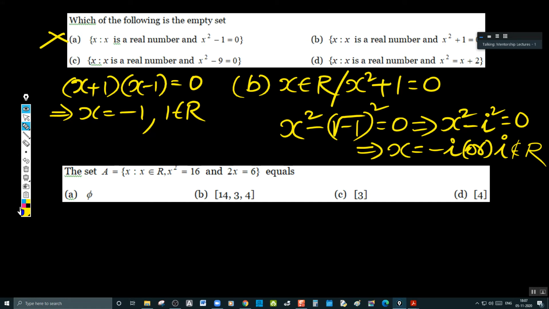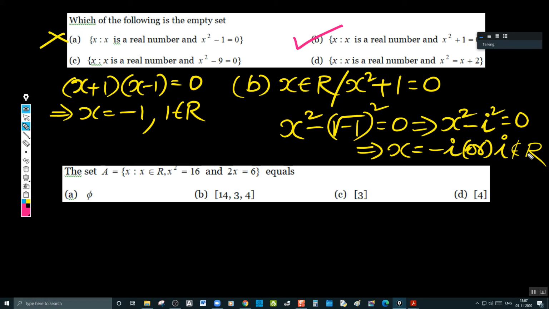So which option is correct in this one? Option B. And what about option C, sir? Plus or minus 3? Possible. Plus or minus of 3. 3 cannot be there, so C will be there.